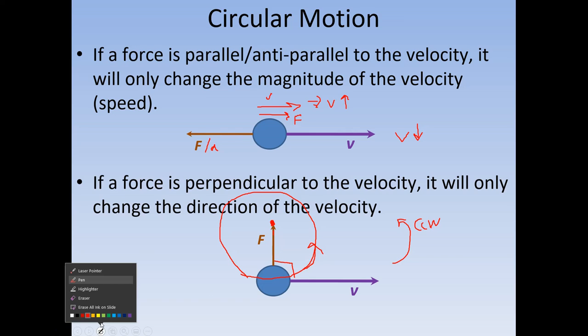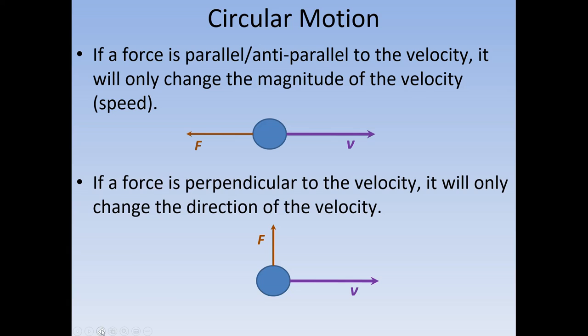Now, I don't have a part for this, but what you can now do, using this understanding of these two things, is I can give you a scenario where my velocity is pointed this way and my force could be pointed this way. And my question would be, what's going on to the velocity at this moment?